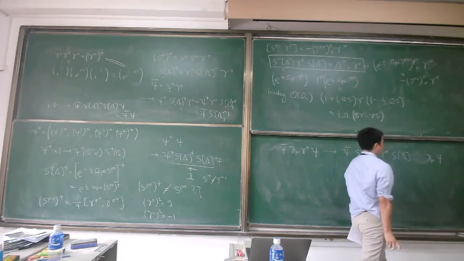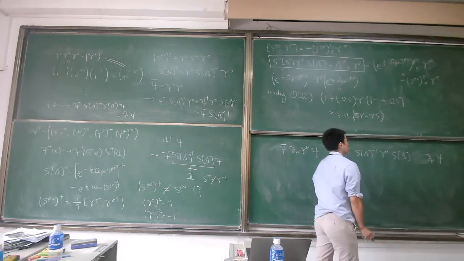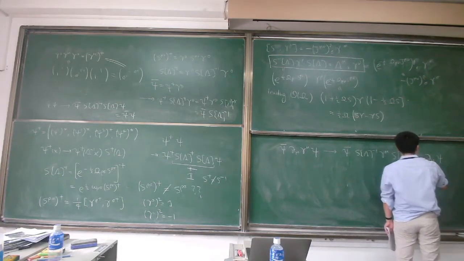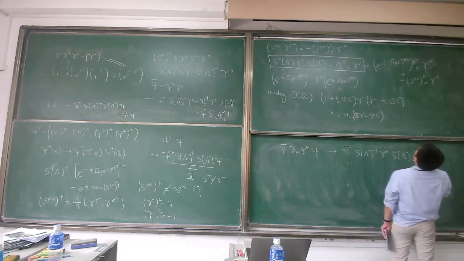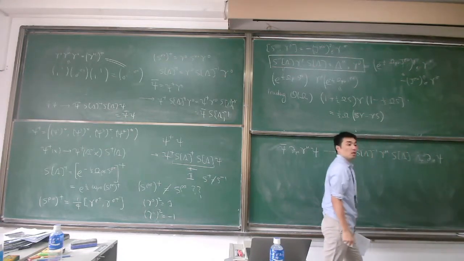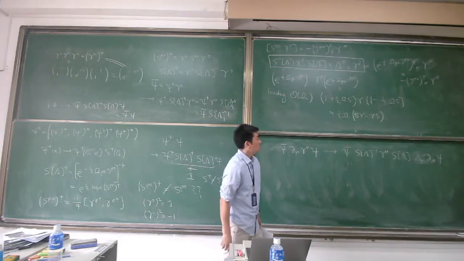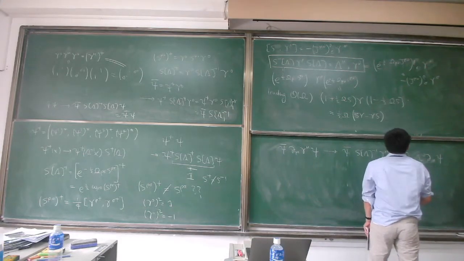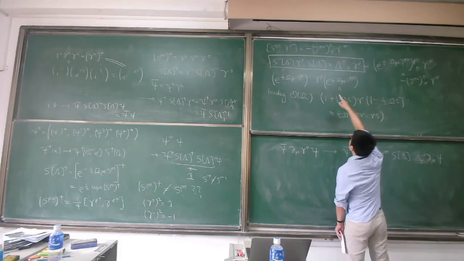So this one is also transformed under Lorentz transformation. How did I write this one? I already forgot how I wrote it, but it's transformed this way. And we know this one is equal to this one.